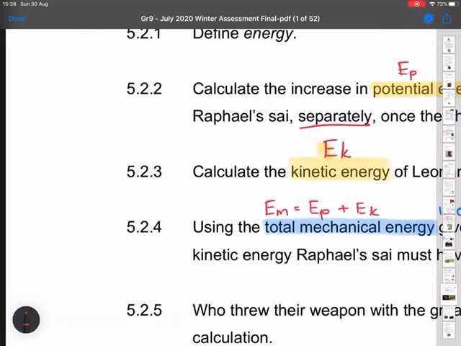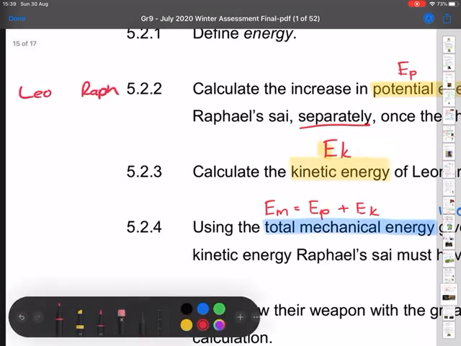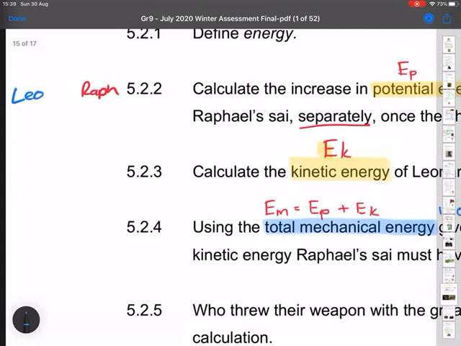Raphael's potential energy came to be 47.04. So for potential energy, it's mass times gravity times height. Leonardo's, actually let's do Leo quickly. EP equals mass times gravity times height.